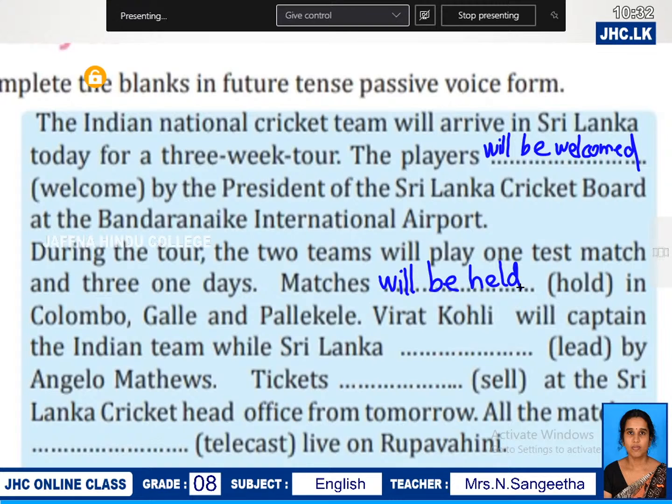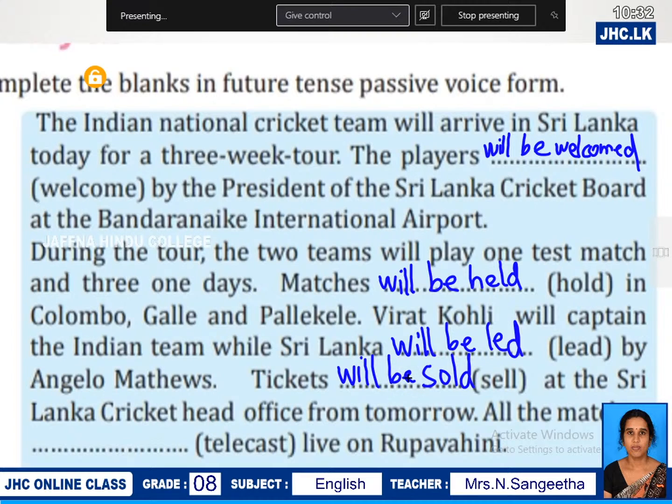Virat Kohli will captain the Indian team while Sri Lanka will be, past participle of lead is led. Remember that you have to memorize the past participles of the irregular verbs. Will be led by Angelo Matthews. Tickets will be, what is the past participle of sell?